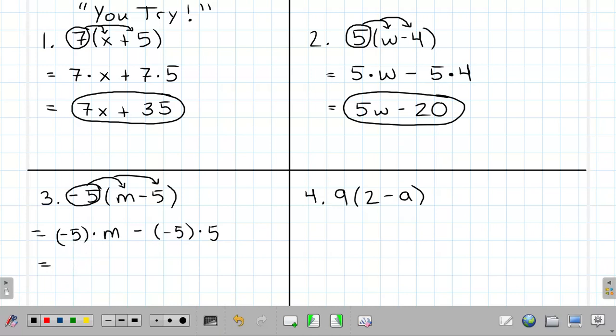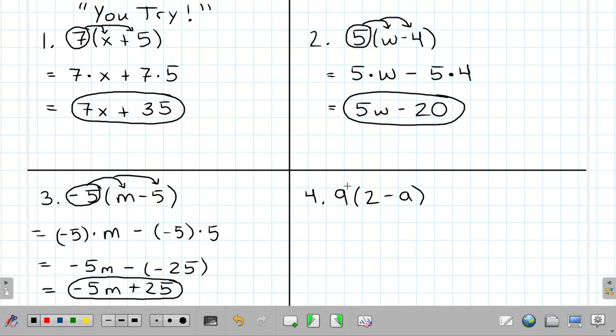So negative 5 times m is negative 5m minus, negative times a positive is a negative, 5 times 5, 25. But then, just like number 3 and 4 on the guided practice, we have negative 5m minus negative 25, so we can actually rewrite that as plus 25. So negative 5m plus 25.